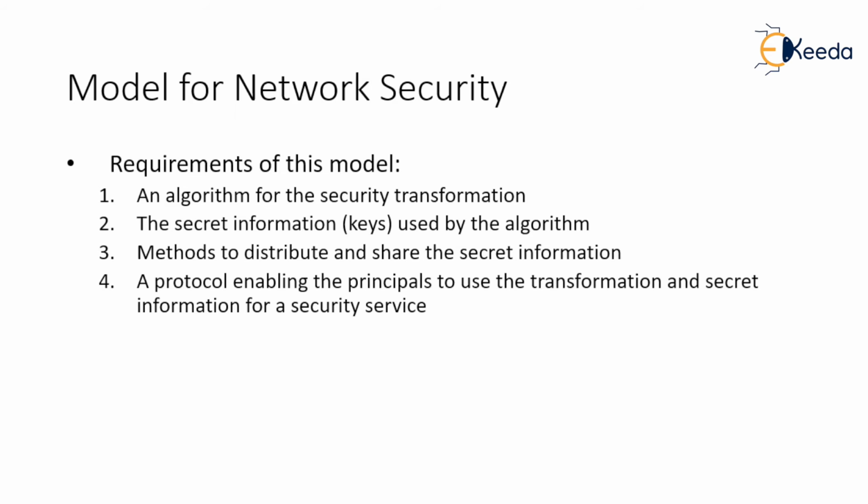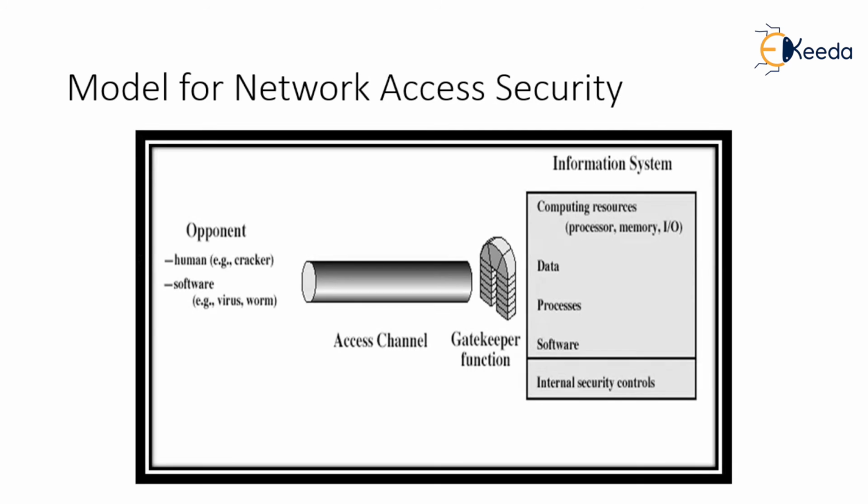And then the secret information should be transferred over the network by enabling these principles. So basically, a network security model should be implemented at both the ends for the error-free communication among the entities. This we can consider as the network access security model.